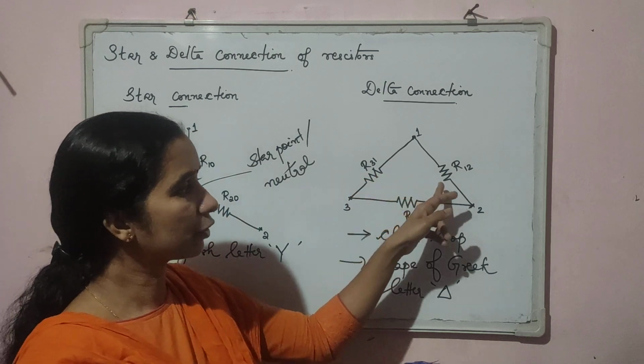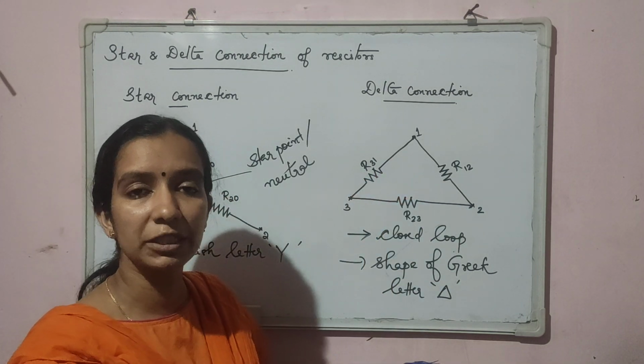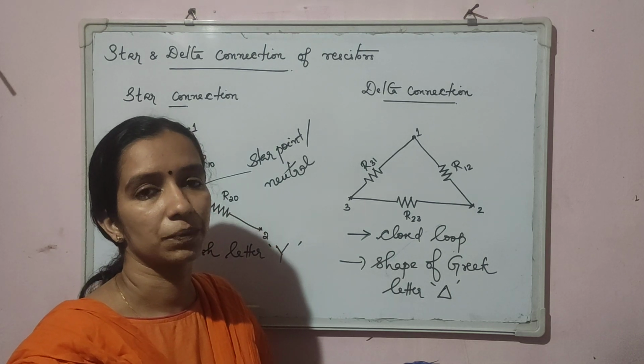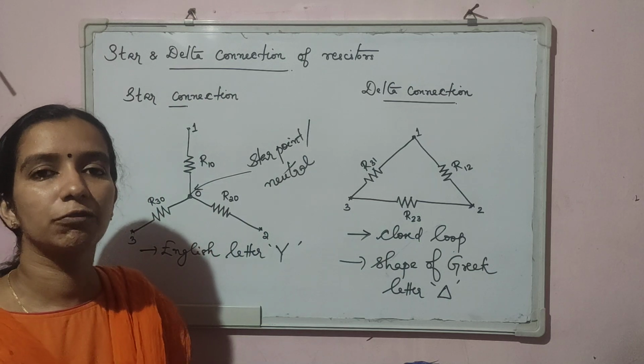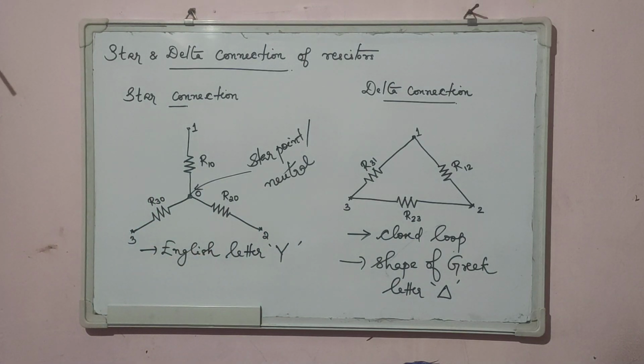Similarly, a set of three resistors connected in delta can be transformed into an equivalent star connection. So we need equations for this particular transformation. Let us see the equations which are used for transforming from star to delta and from delta to star.